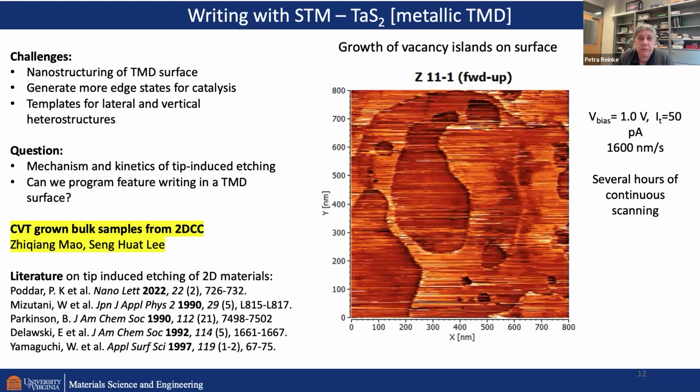Metallic TMDs are much more sensitive to the interaction with the tip. It's most likely chemical reactions which are initiated that would lead to the desorption of tantalum disulfide molecules. They are tip-induced reactions.